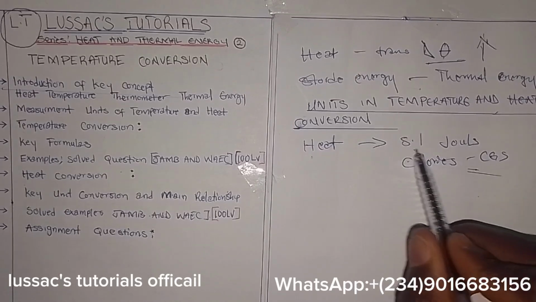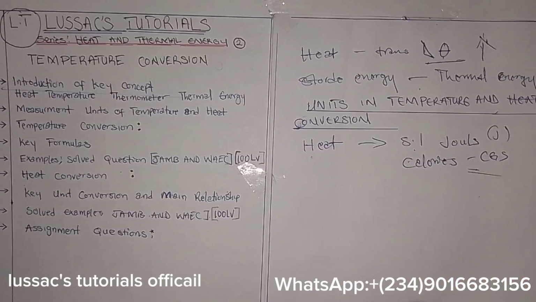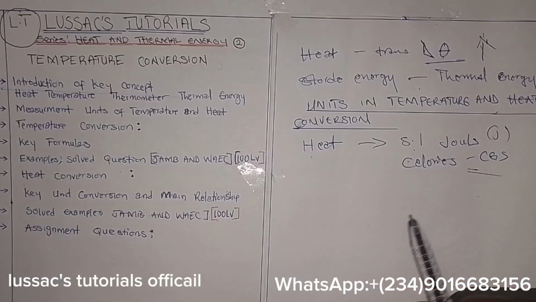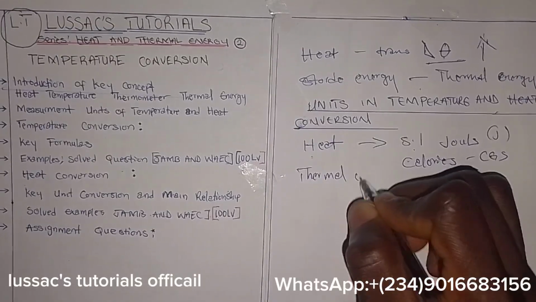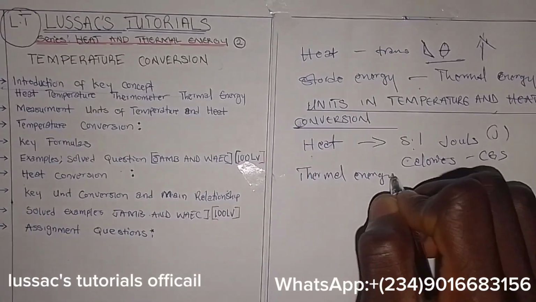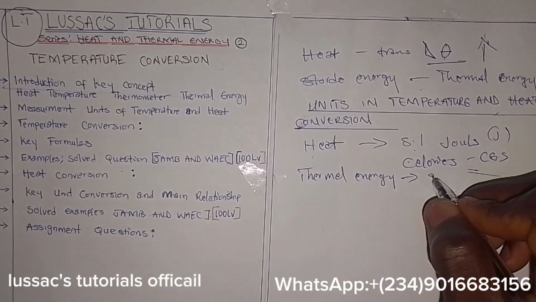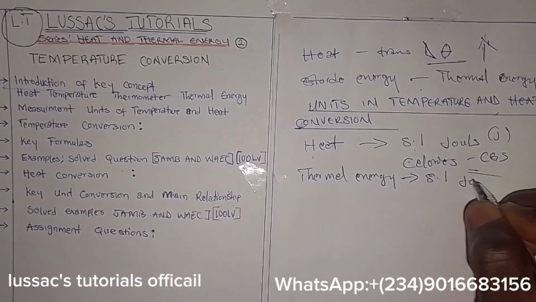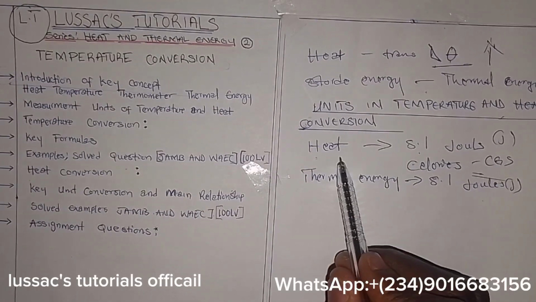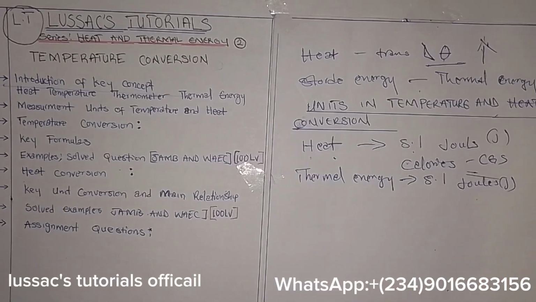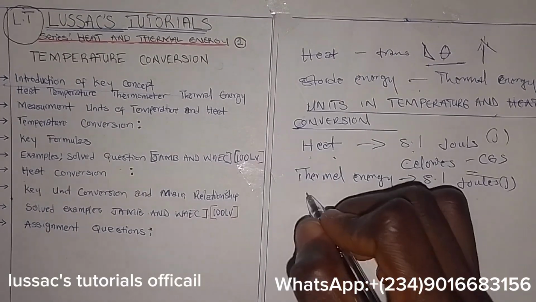So the SI unit of heat is joules, and the CGS unit is calories. Thermal energy: the SI unit of thermal energy is also joules. So we can see there's a relationship between heat and thermal energy. Are we understanding? Are we together? Follow me. Then we have temperature.